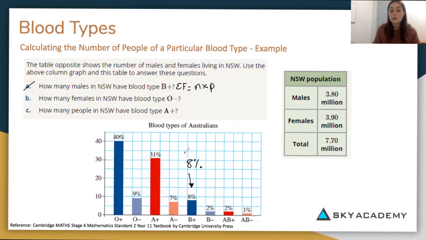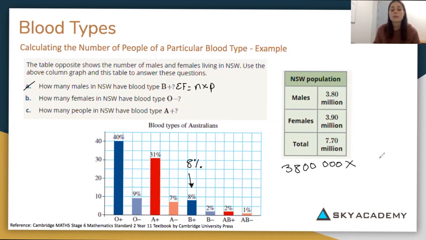Then we'll find the expected frequency of males in New South Wales who will have B positive. Following the expected frequency formula, we have the total amount of people, 3.8 million, and we're going to multiply that by the probability, which is 8%.